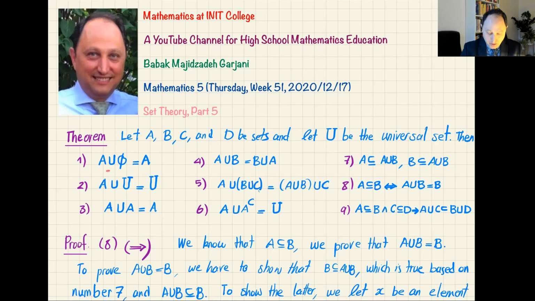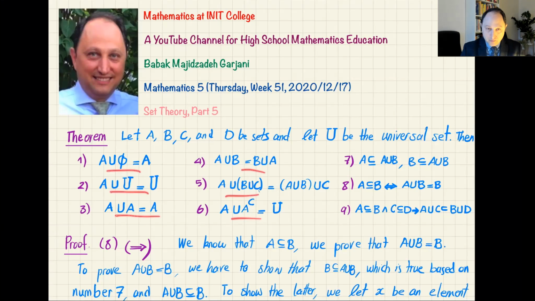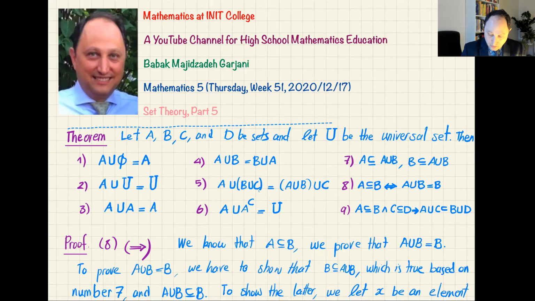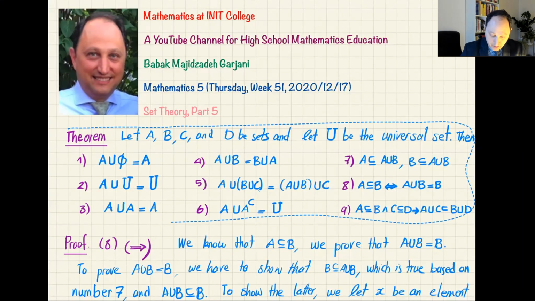So here, in each one of these items, I have the union operation between these two sets. If you don't mind, let me just copy this theorem if it is possible, and move it there and try to write this.